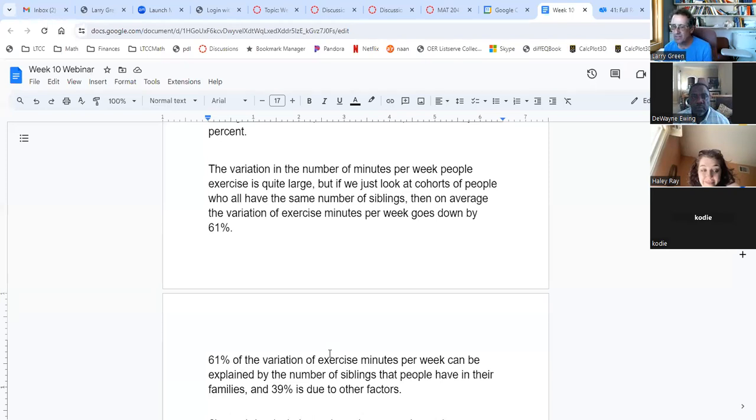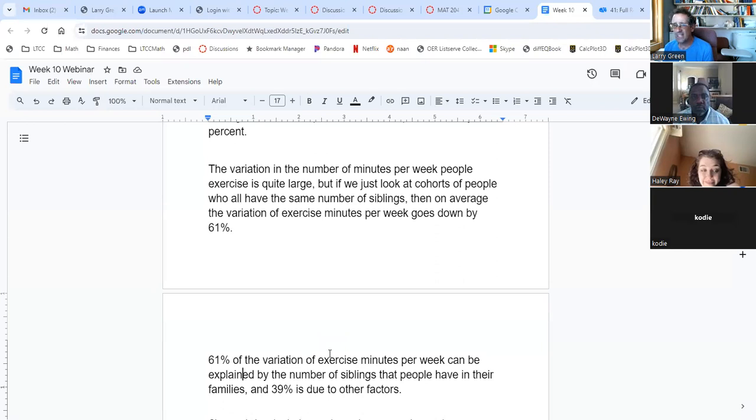Anyone lost? Okay. So in this case, it says that it's pretty important to know how many siblings someone has to predict how much they're going to exercise.